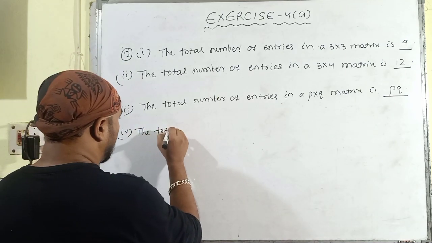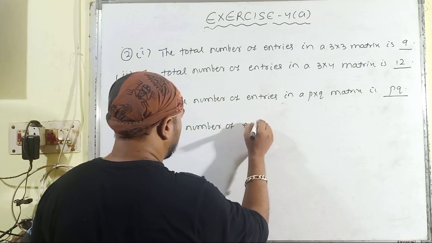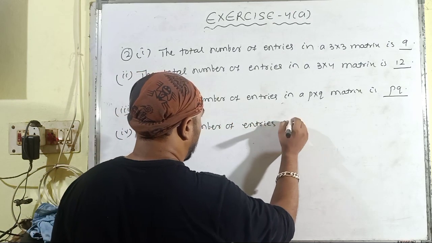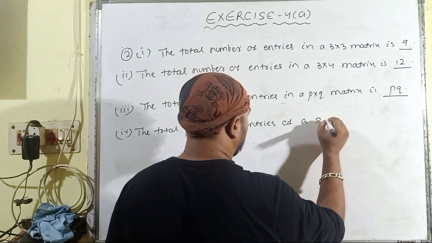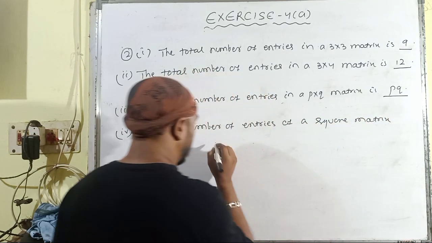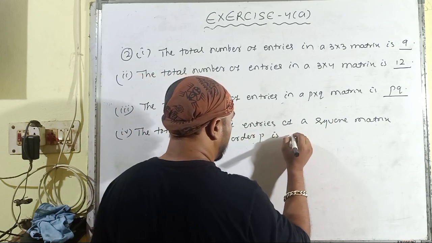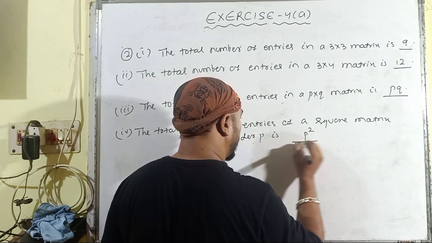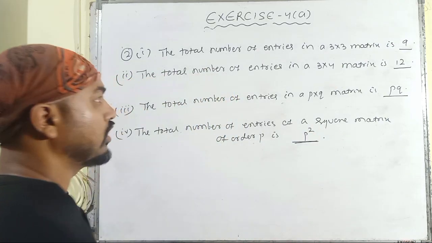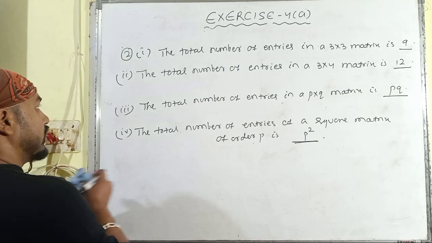The total number of entries of a square matrix of order p is p square, and it is the solution. Then moving to number 3.